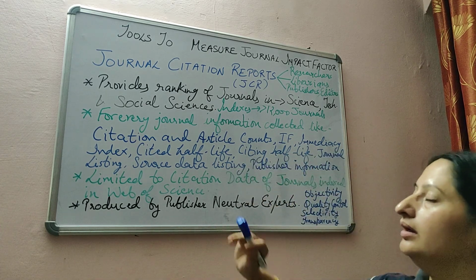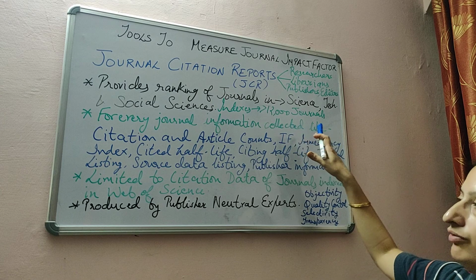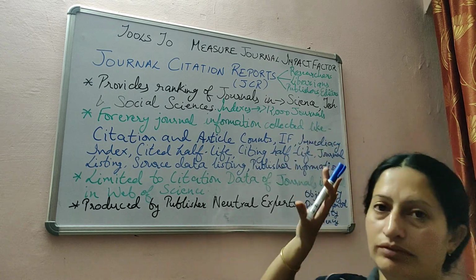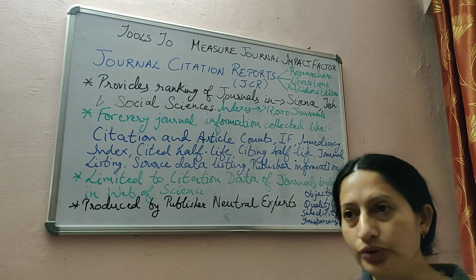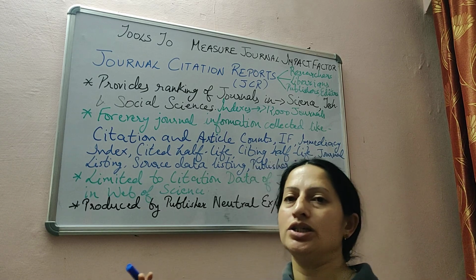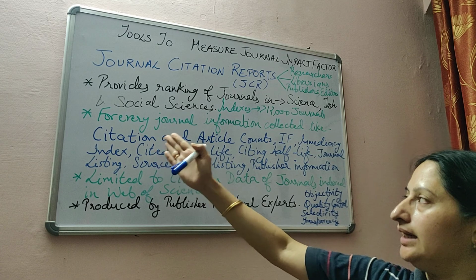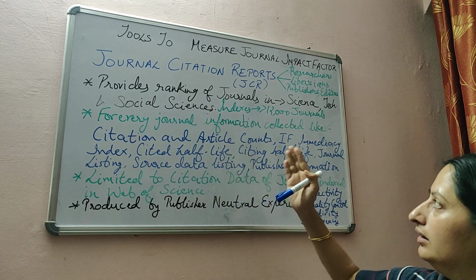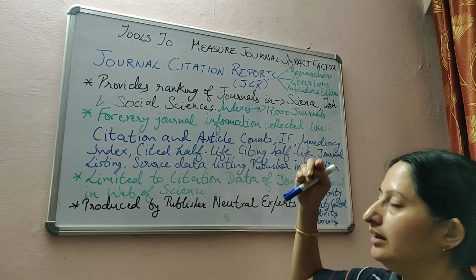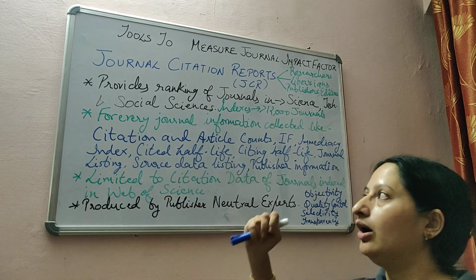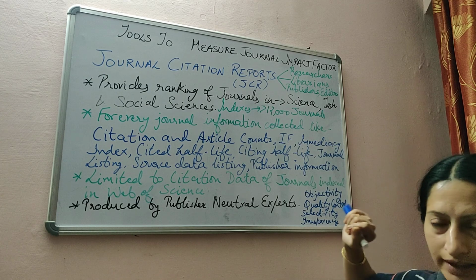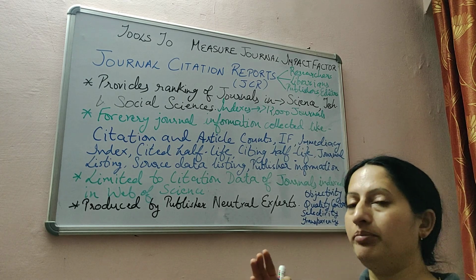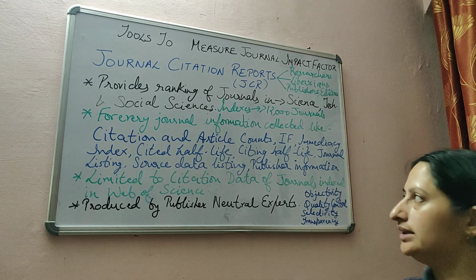For every journal, information is collected. What is needed for inclusion in the Journal Citation Report is citation and article counts: how many citation counts there are and how many article counts there are. Then the impact factor is calculated.